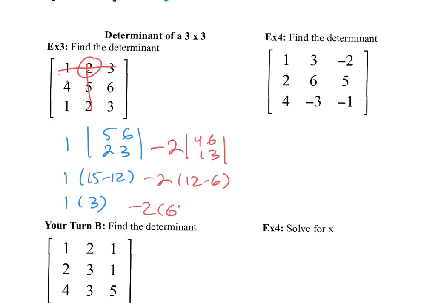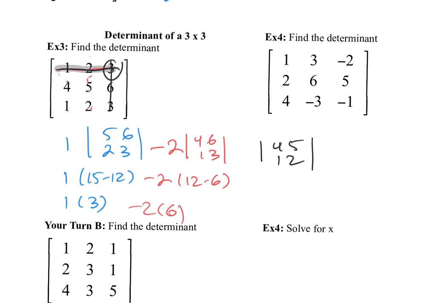And then one more time, we're going to cross off a different set. This time we're going to cross off the first row and the third column, and we're left with another 2 by 2. So this would be 4, 5, 1, and 2.